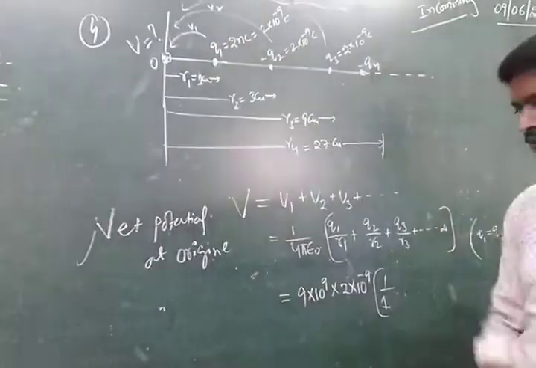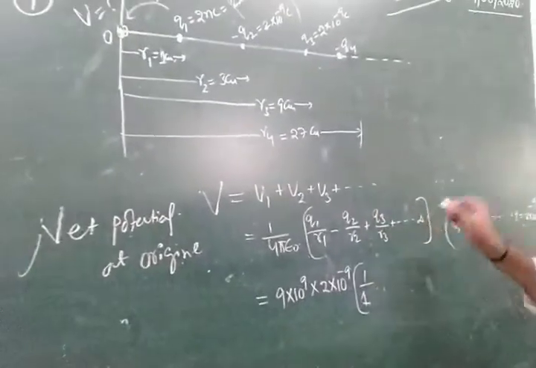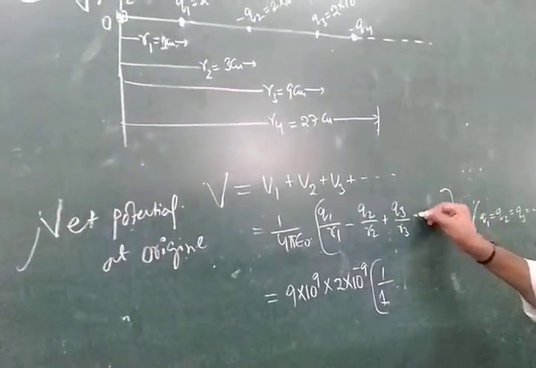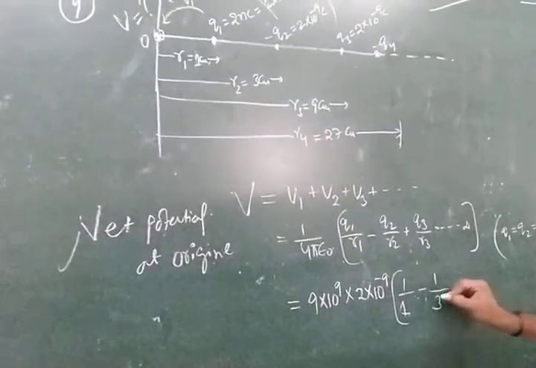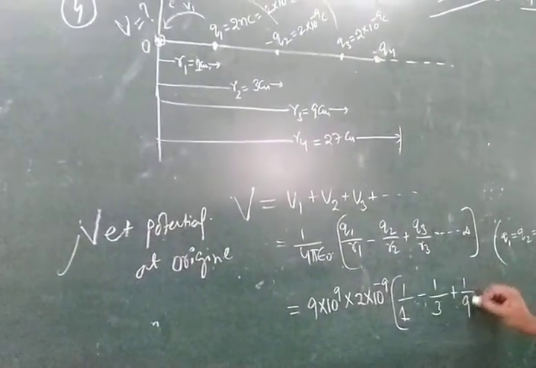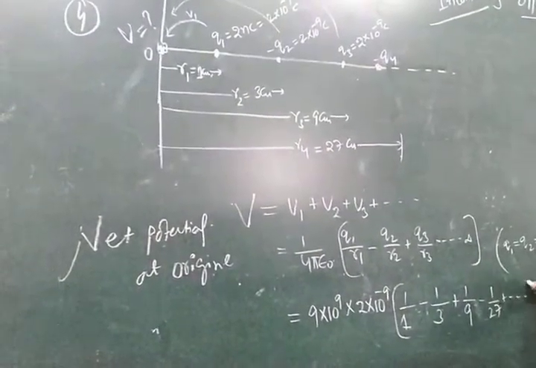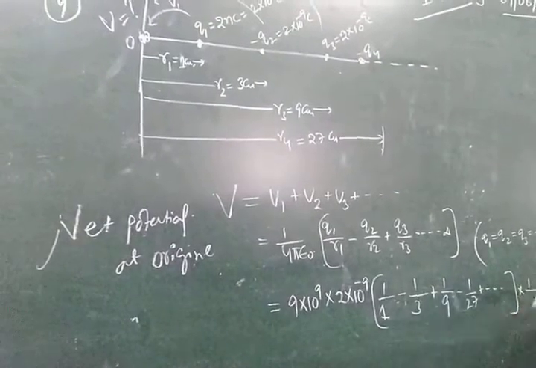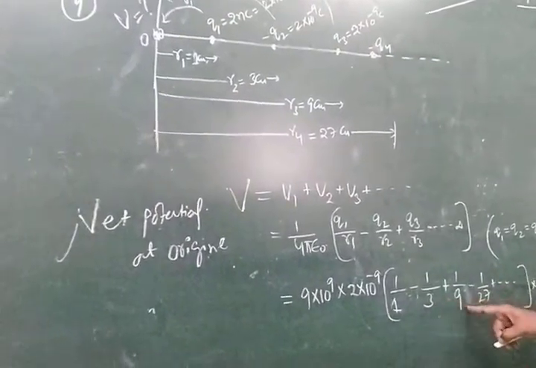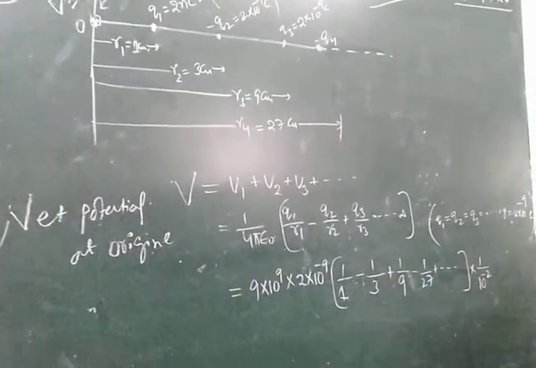Now calculate the potential. Here this is plus, next minus of 1 by 3, plus 1 by 9, next minus of 1 by 27 and so on. This is given in centimeters: 1 centimeter, 3 centimeter, like this. Convert into meters, 10 power minus 2.